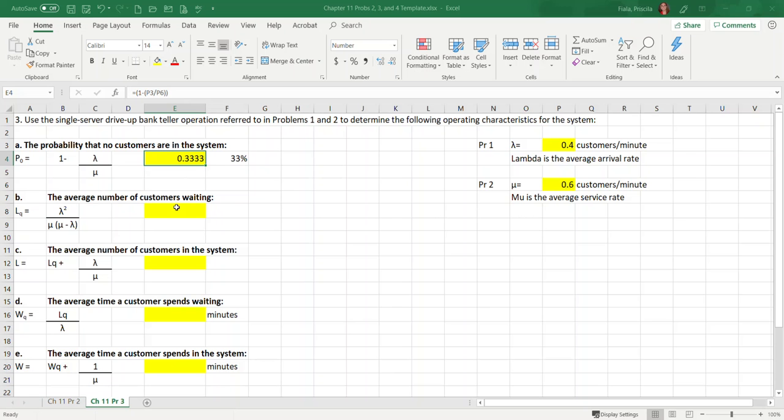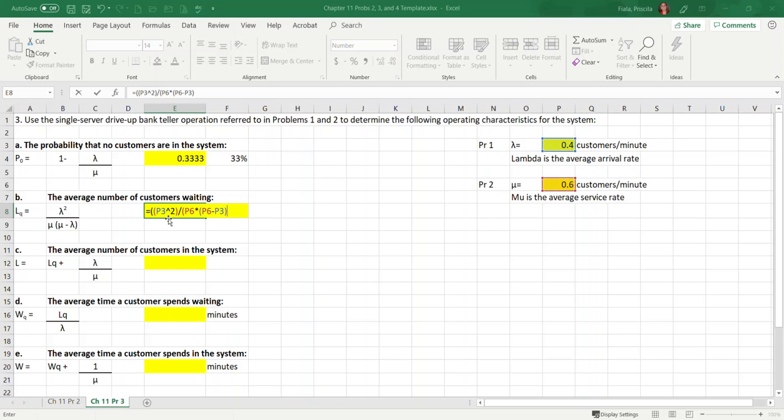Now the average number of customers waiting. Okay, we're going to do equals, I'm opening a parenthesis. We're going to open another parenthesis because I'm going to raise the arrival rate to the second power, and then I'm going to divide that by my mu times my mu minus my arrival rate.